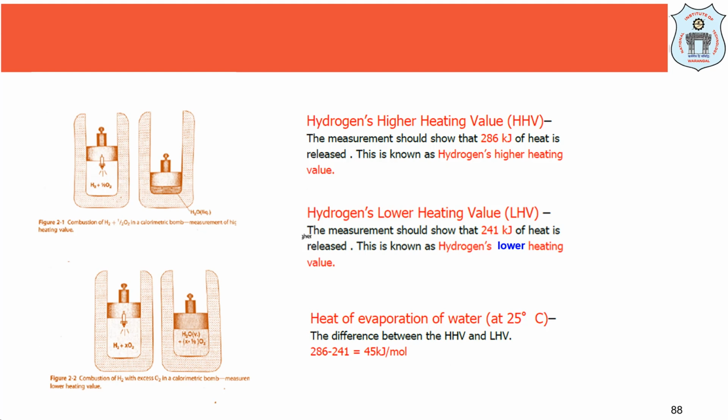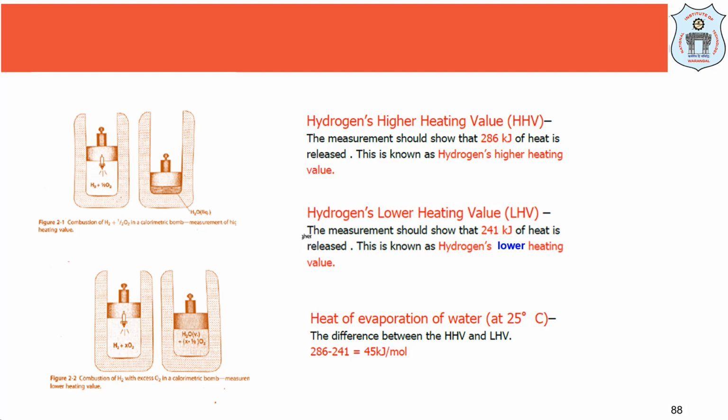Similarly, when excess air, or excess oxygen, is supplied, in the same bomb calorimeter we will get a lower value. The measurement will show around 241 kilojoules of heat is released.